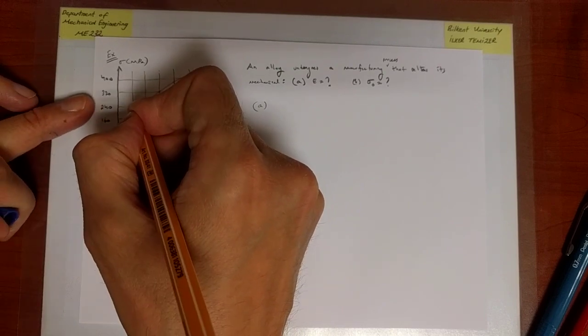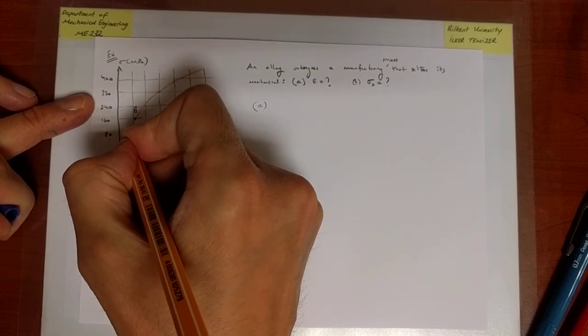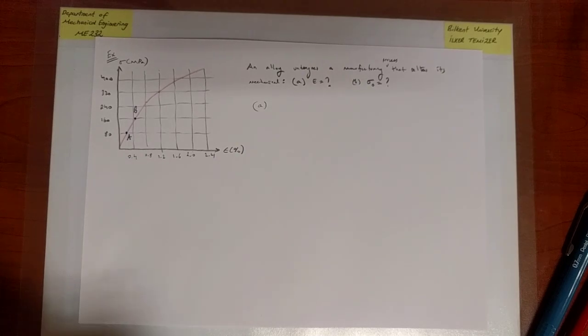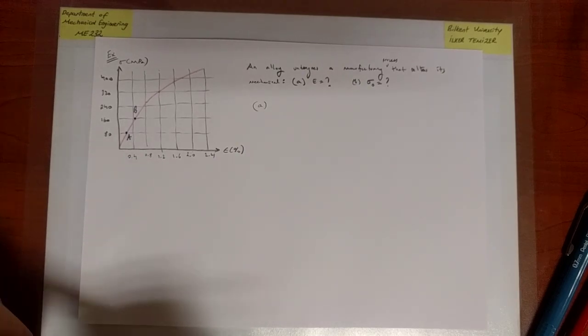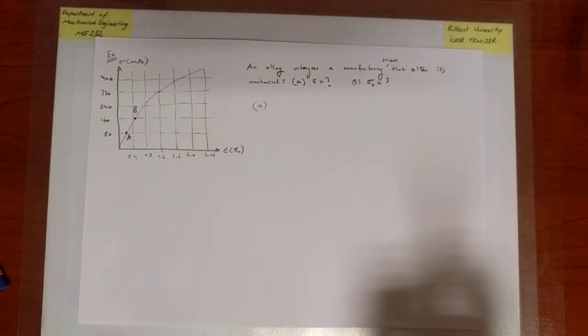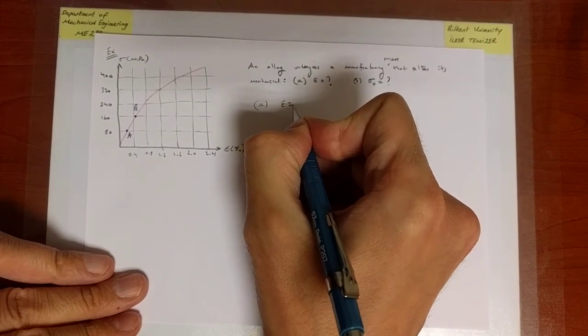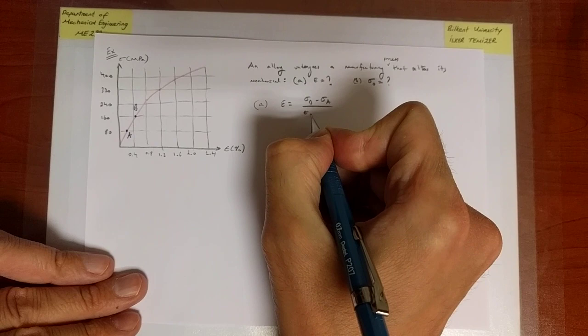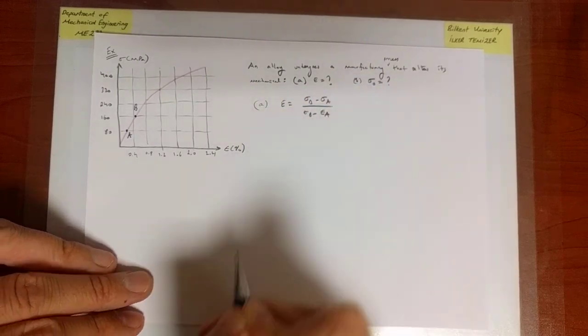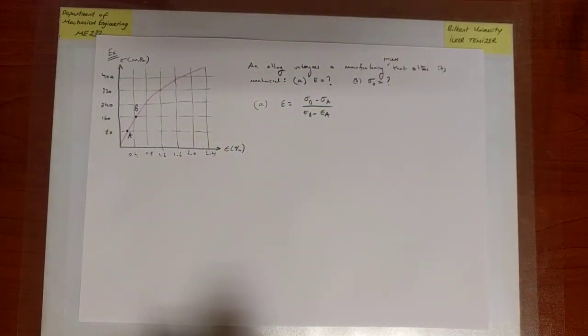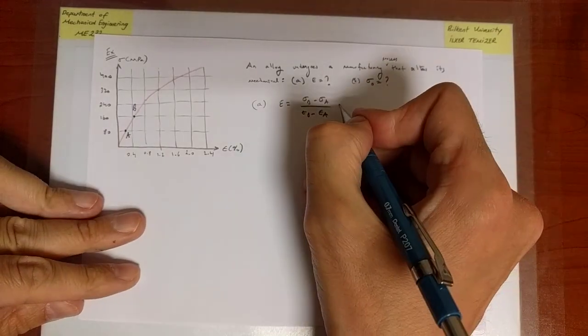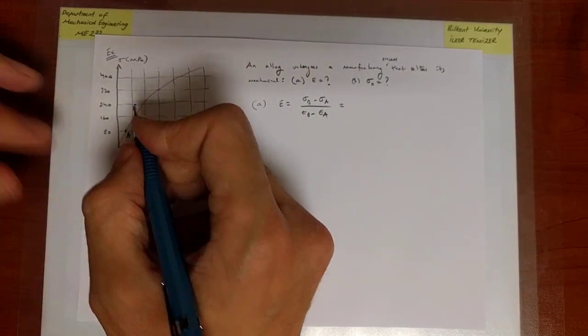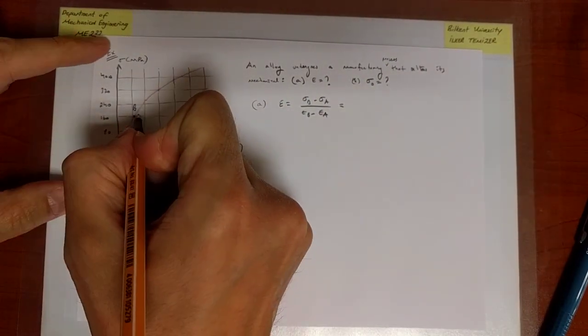I can pick point B and I can pick point A, and then I can identify the Young's modulus as the stress at B minus the stress at A divided by the strain at B minus the strain at A. So the stress at B, let's write that over here.